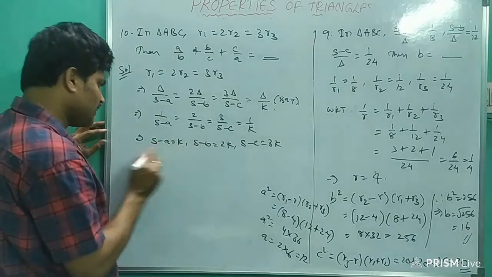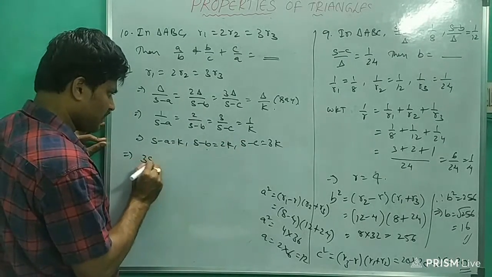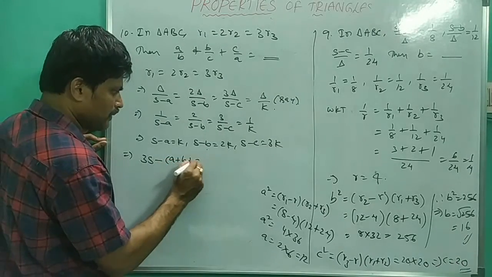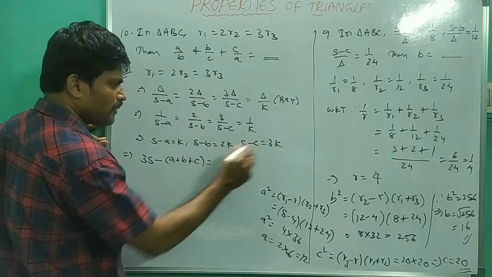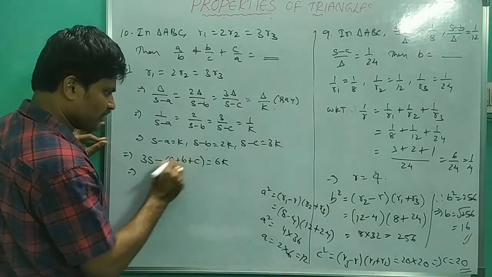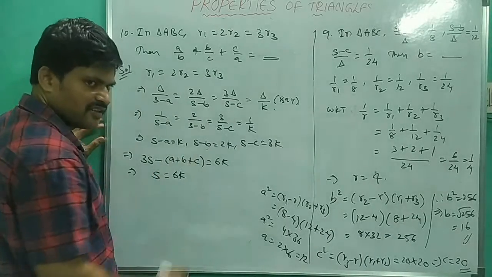Now adding these three terms, s minus a, s minus b, s minus c, that is 3s minus (a plus b plus c) equal to k plus 2k plus 3k, that is 6k. From that, a plus b plus c is 2s, so 3s minus 2s is s. So s equal to 6k.